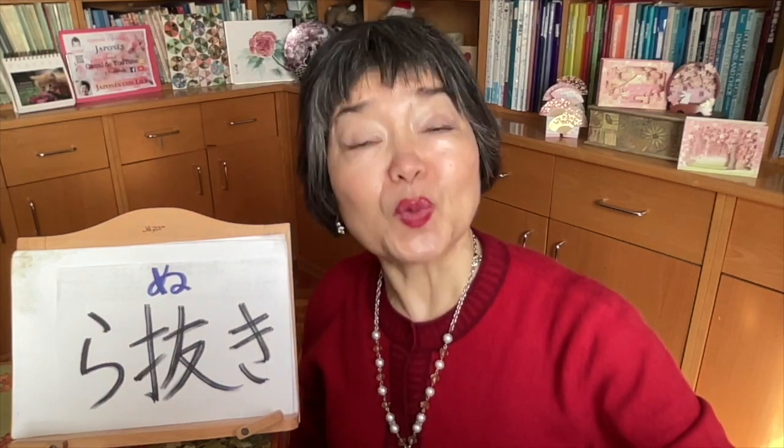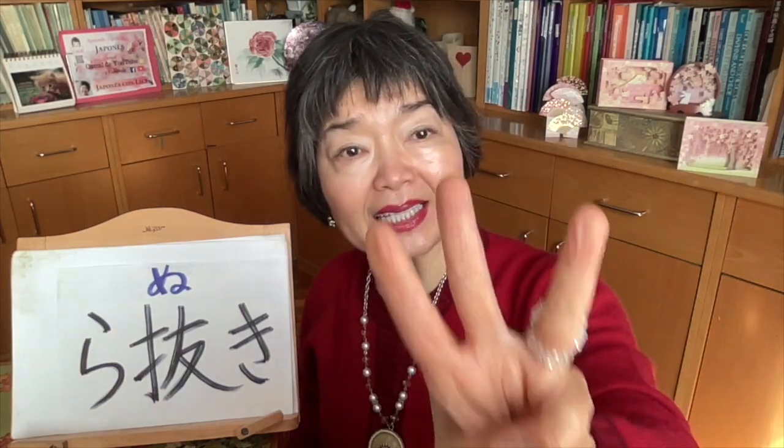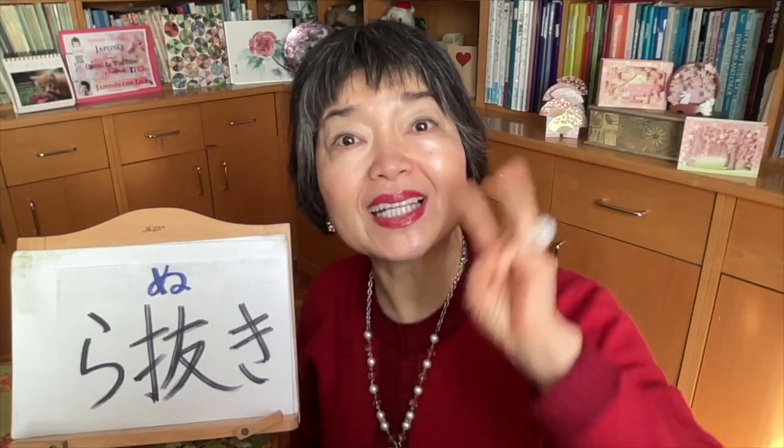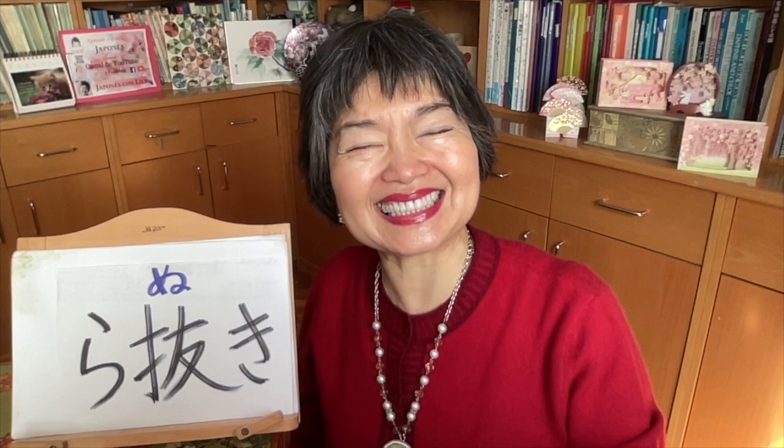Now a quiz time with only 3 questions, and they are translations into Japanese. But for each one of them I want you to write 3 sentences, so a total of 9 sentences.